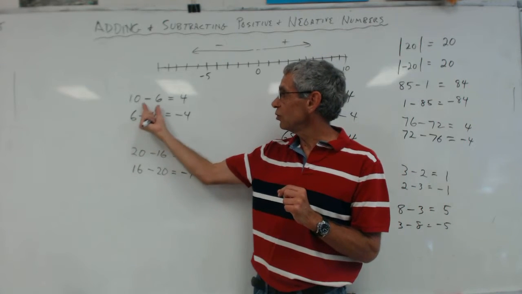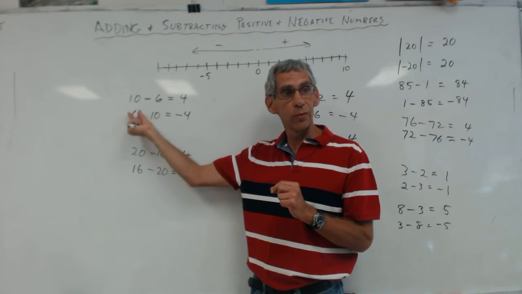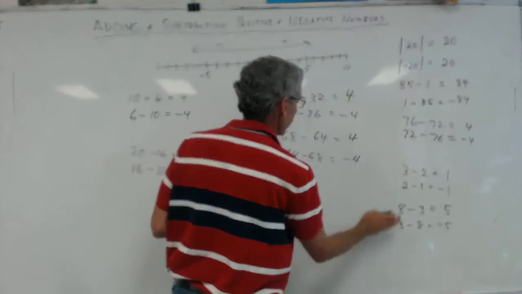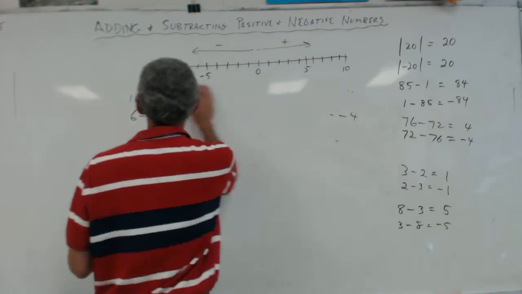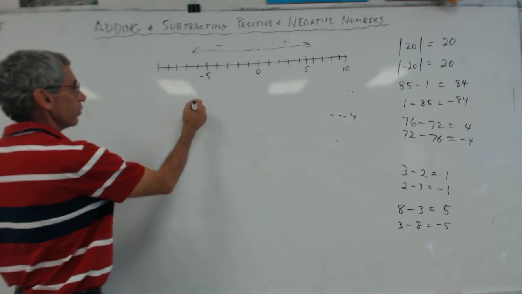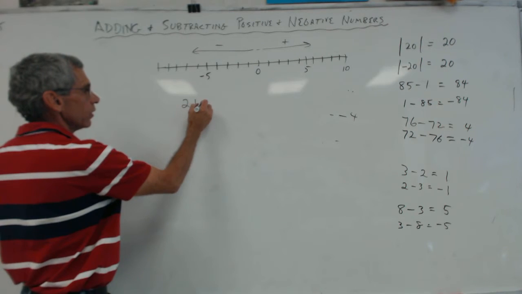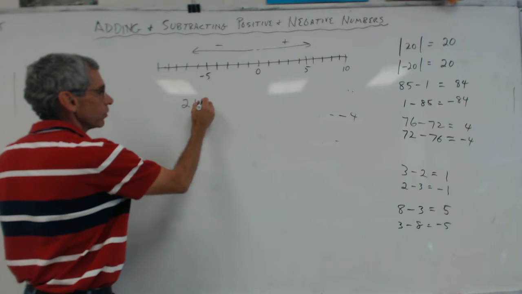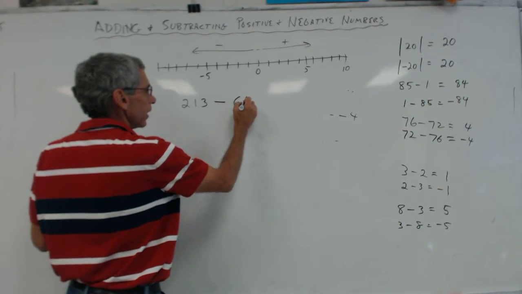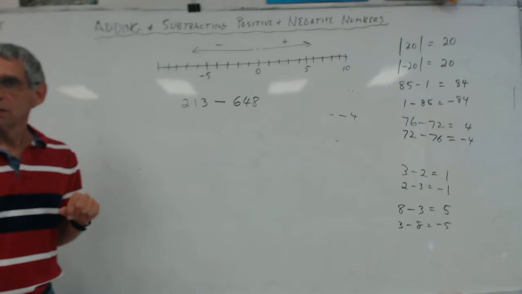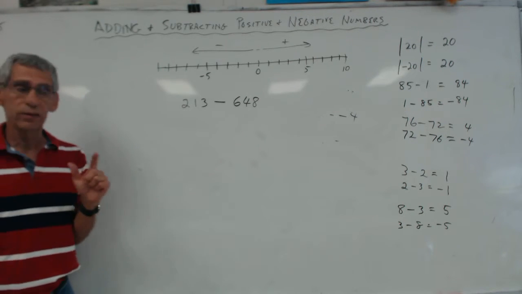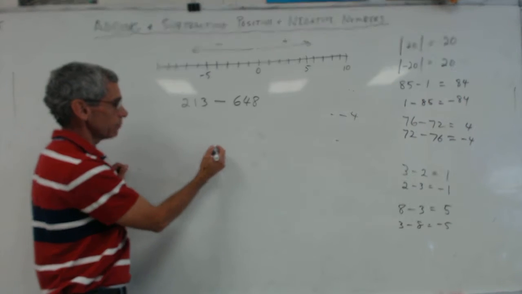Then all I have to do is subtract the littler number from the bigger number, which makes it really easy. Where this becomes helpful is when you have big numbers. If I had 213 minus 648, the way we've been taught to do this is impossible.